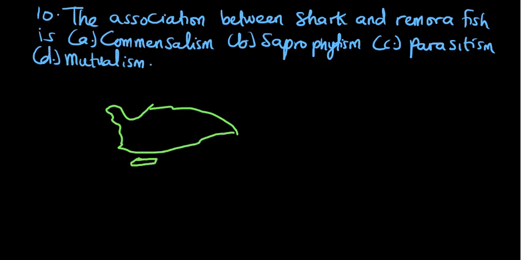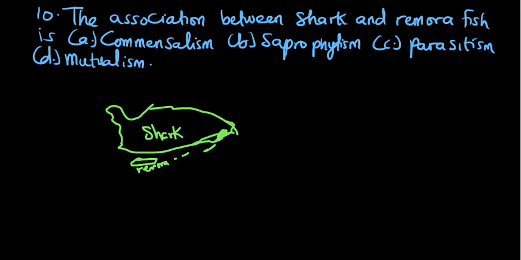The shark will serve as protection for the remora, and some food particles coming out from the mouth of the shark will be going to the mouth of the remora. So the shark is not benefiting from the remora, but the remora is benefiting from the shark. The shark is not affected, but the remora is benefiting only, and is not contributing anything.